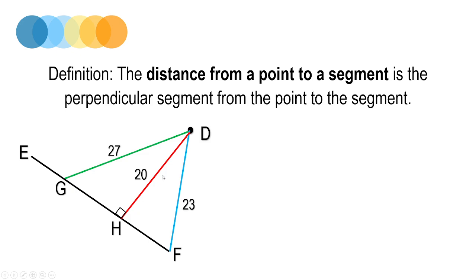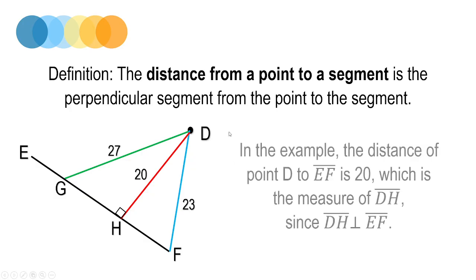In fact, the perpendicular distance from a point to a segment is the shortest distance. Again, in the example, the distance of point D to segment EF is 20, which is the measure of segment DH, since segment DH forms 90 degrees, as seen by the indicator, perpendicular to segment EF.